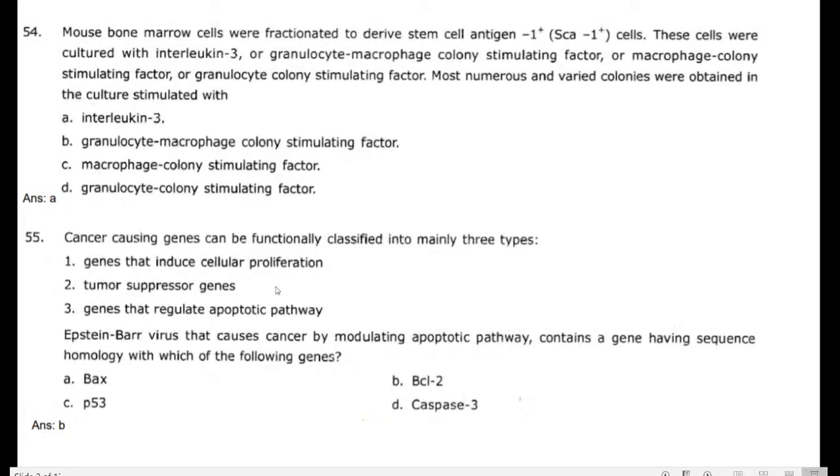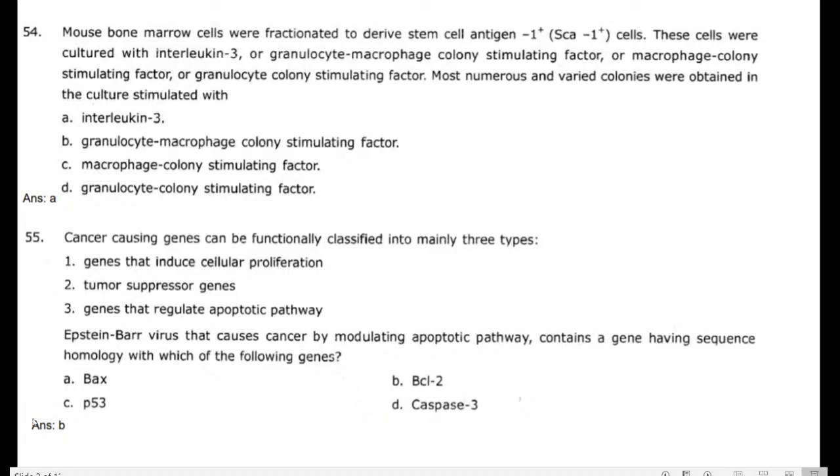For this question, we need to know which genes are involved in the apoptosis pathway. If we know the genes that play a major role in the apoptosis pathway, you can easily answer.